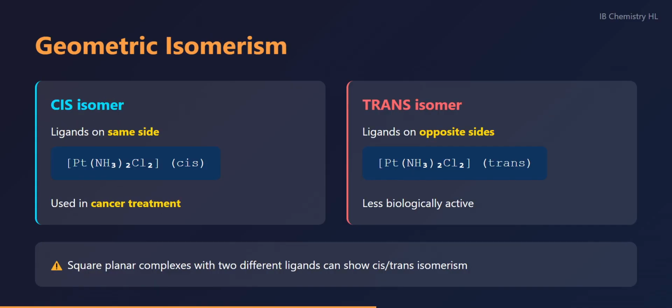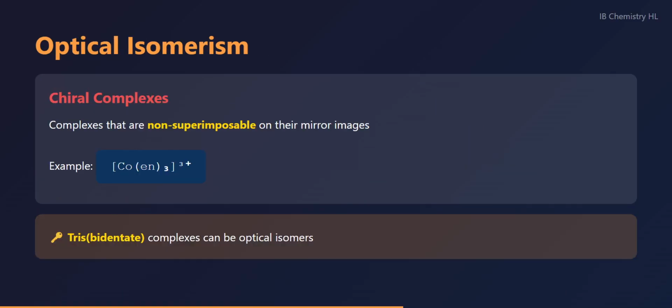For example, the diamminedichloroplatinum 2+ complex can exist as cis and trans isomers. The cis isomer is used as an anti-cancer drug. Optical isomerism occurs when complexes are chiral and non-superimposable on their mirror images, like the tris(ethylenediamine) complex.